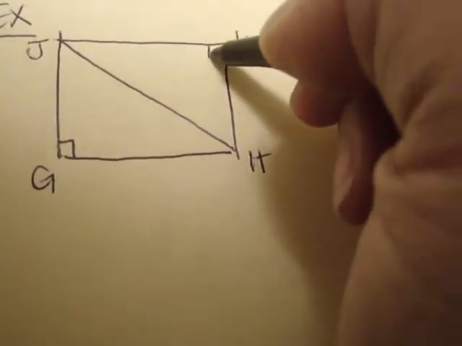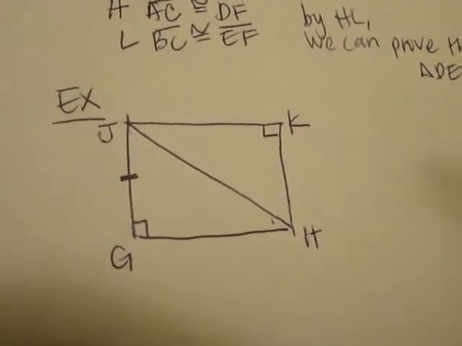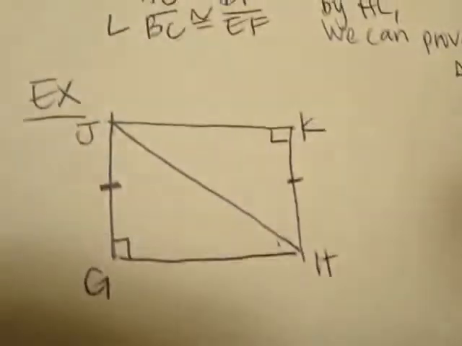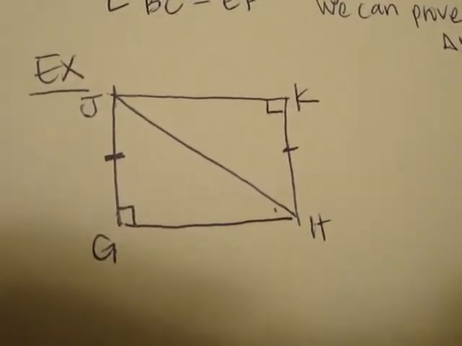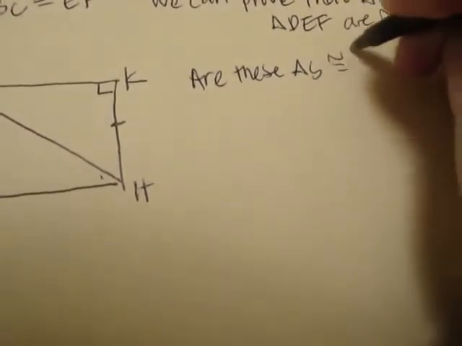And because this is a rectangle, we know that all our corners are right angles. And we're told that JG and KH are congruent. Are these triangles congruent?